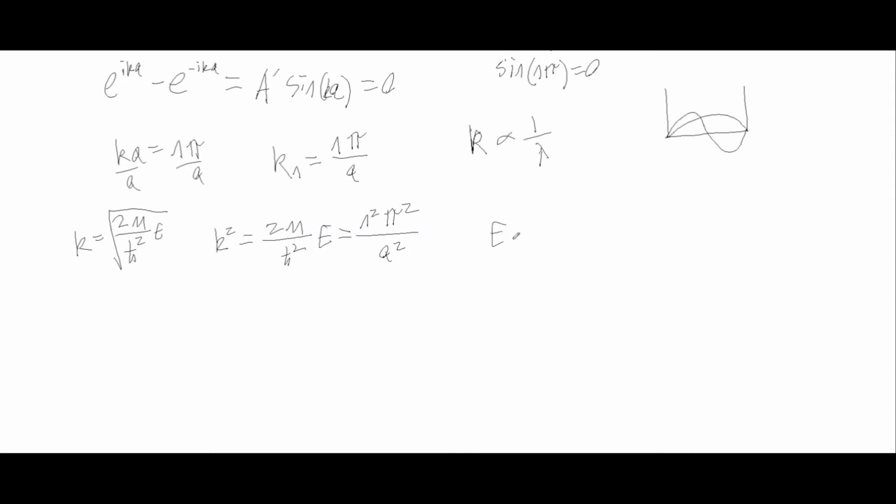So we end up with E, and we'll put an n there because we can have different energy levels. Each of these is a different energy level.